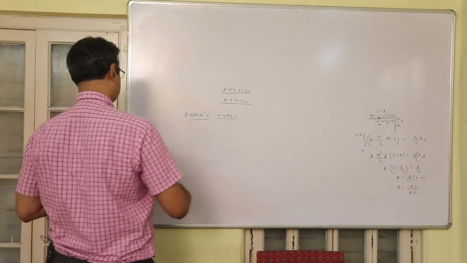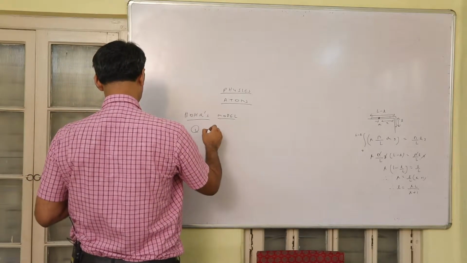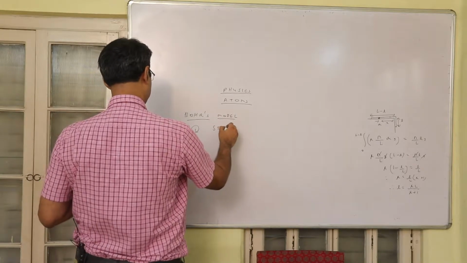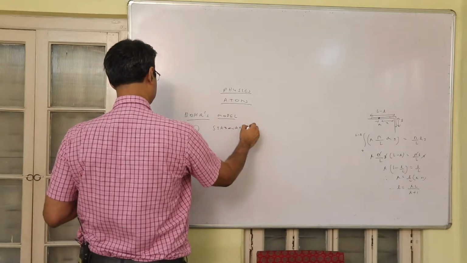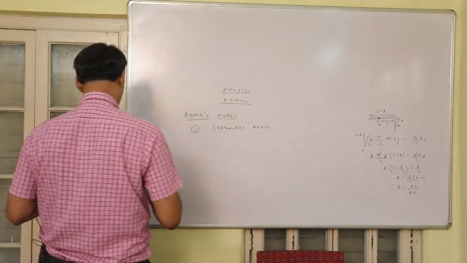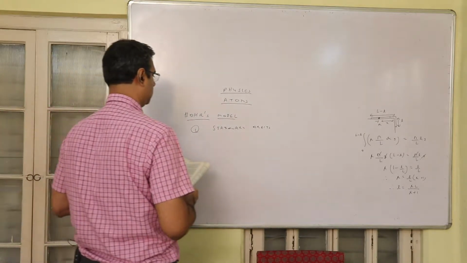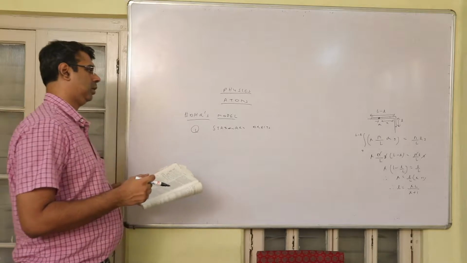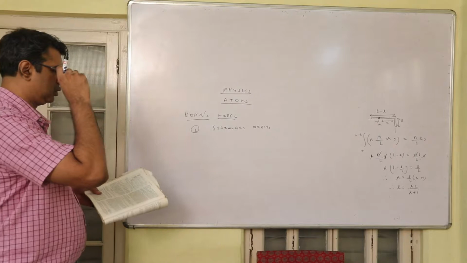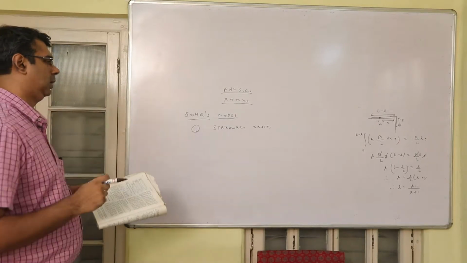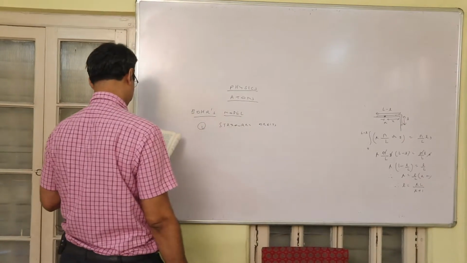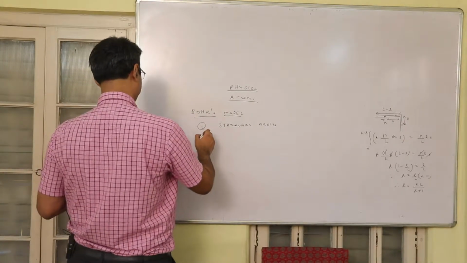Now according to Bohr's model, electrons revolve around the nucleus in stationary orbits. According to Bohr, the Rutherford model failed because the model that he proposed was unstable, but in Bohr's model the orbits are called stationary orbits and they are stable orbits.